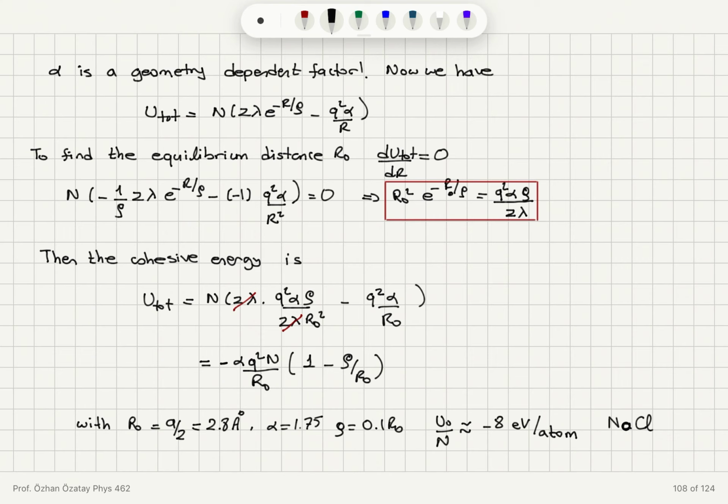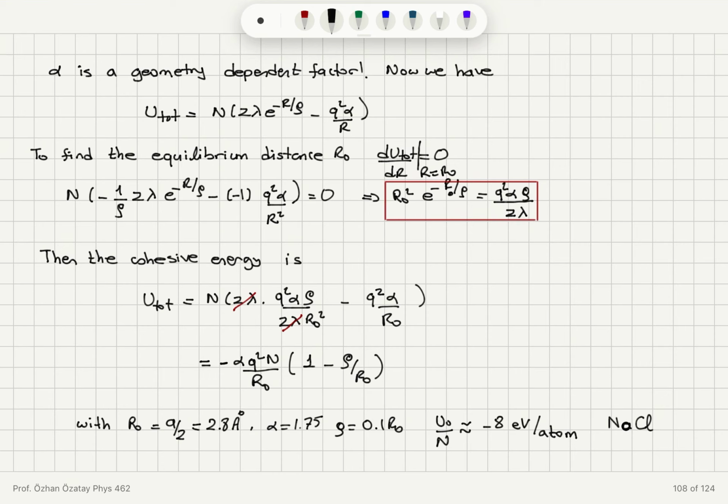When we obtain the total energy of the crystal, if we take its derivative with respect to the nearest neighbor distance and set it equal to 0, this holds when capital R is equal to R0. With that, if we substitute what we obtain for e to the minus r0 over rho, we obtain the total energy in the equilibrium situation: minus alpha q squared capital N over r0, times 1 minus rho over r0.